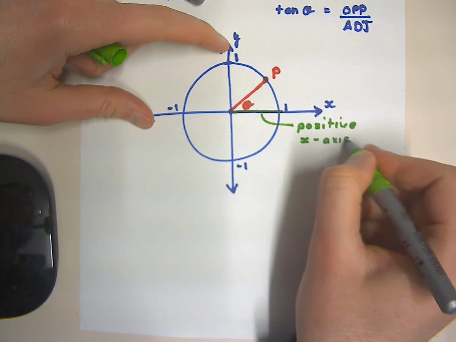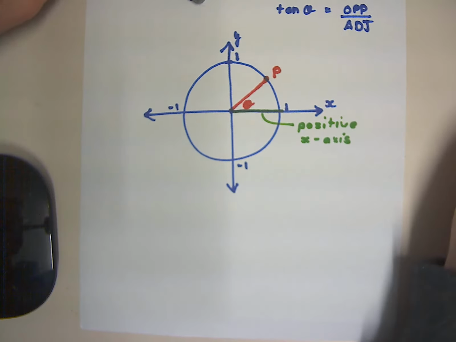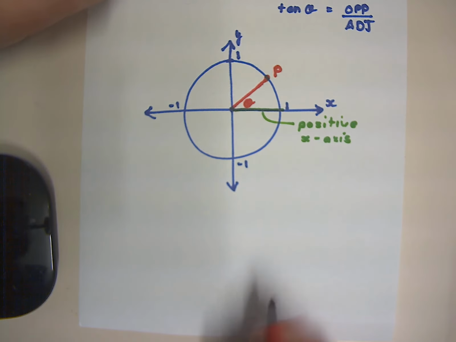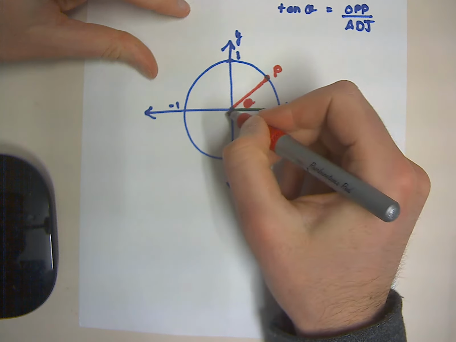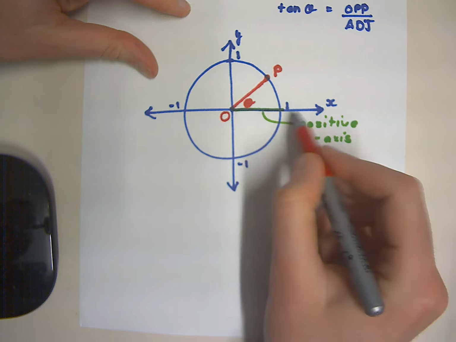It's where the x-axis is positive, unsurprisingly. So this angle represented by theta in here is between the line going from O to P, so we call our origin O, and the positive x-axis.